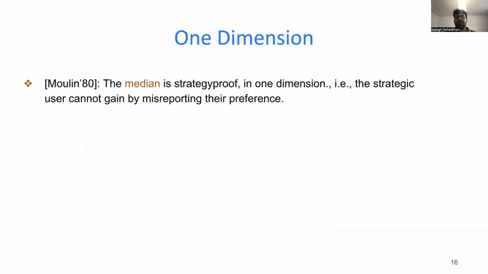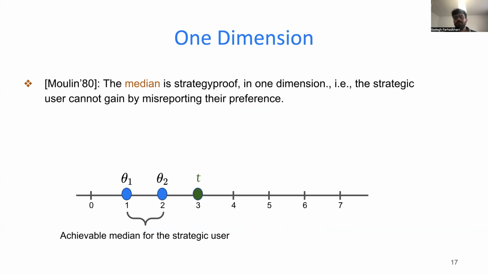There is also another well-known result in 1 dimension by Moulin, who proves that the median is actually strategyproof in 1 dimension. The proof is quite simple. In the previous example that we had, as you can see, if we use the median, the strategic user can choose any point between 1 and 2 for the median.